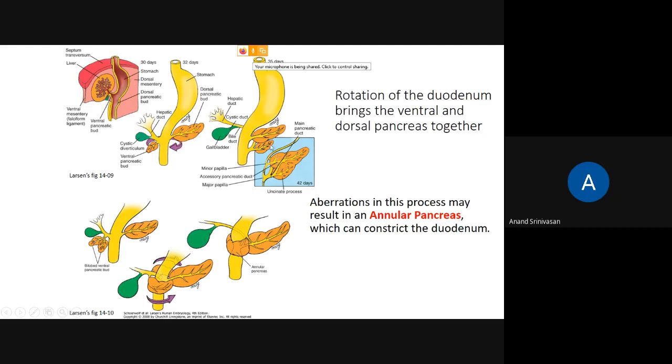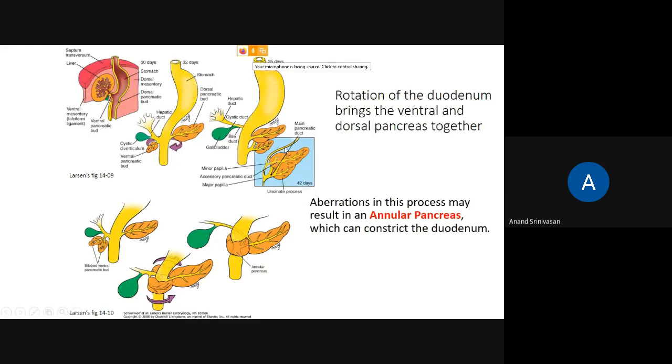Can you see, after the fusion takes place between the dorsal and ventral pancreas, there is a connection between the ducts also. So the major portion of the dorsal pancreatic bud secretions also comes to the ventral pancreatic duct, and then they open into the major papilla.